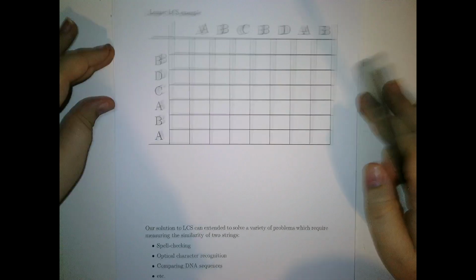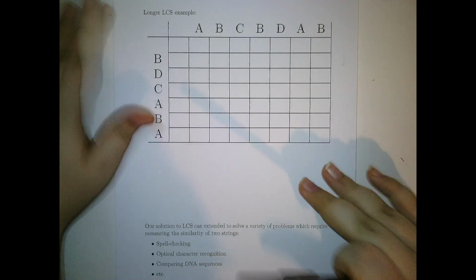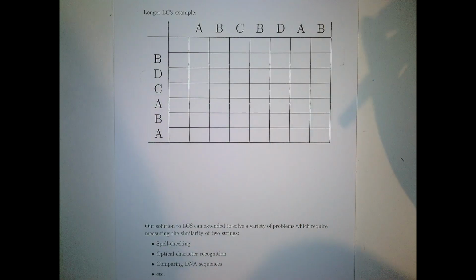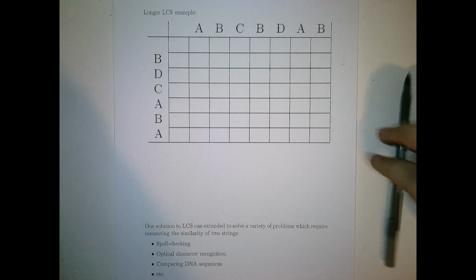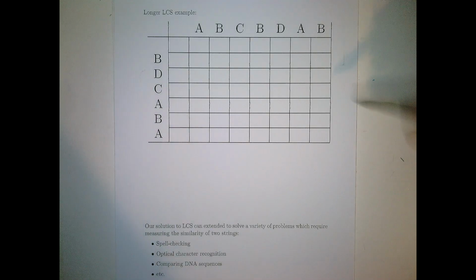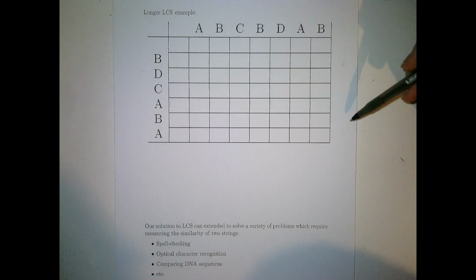So let's really do the acid test, I guess. This is the case I opened today's lecture with, right? This is the pair of strings that I originally claimed has a longest common subsequence of 4. So if our algorithm is right, it should come up with a longest common subsequence of 4.